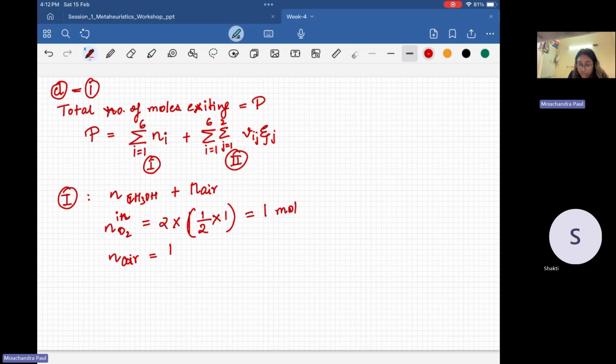The total number of moles of air will be 1 by 0.21, so it will be 4.76 moles. Okay.